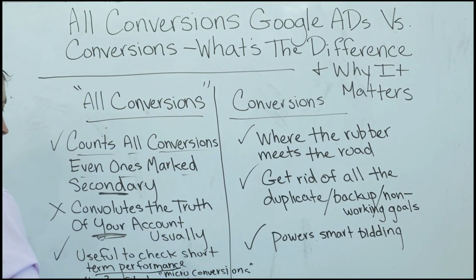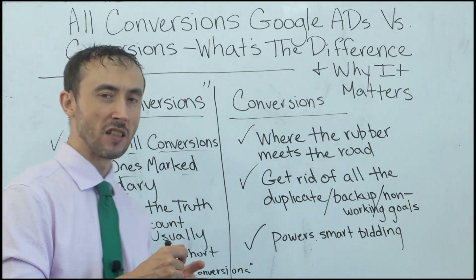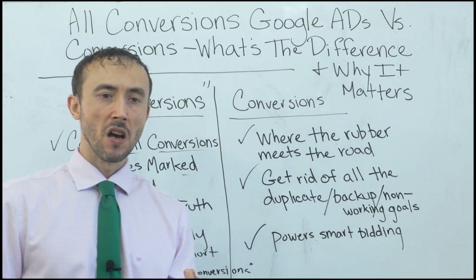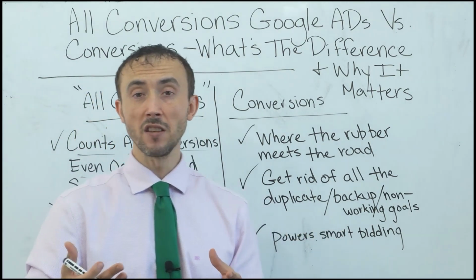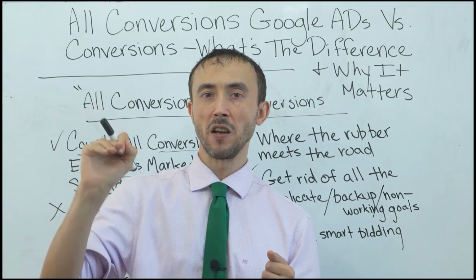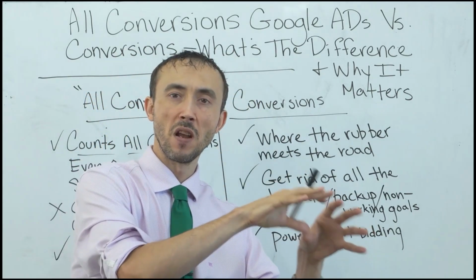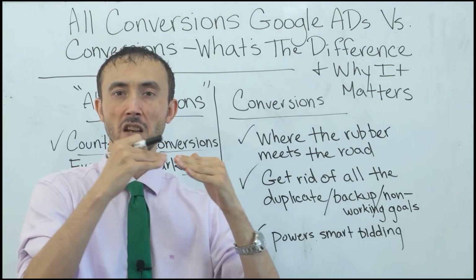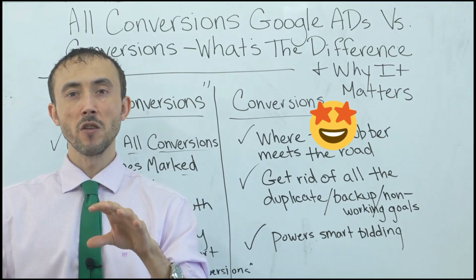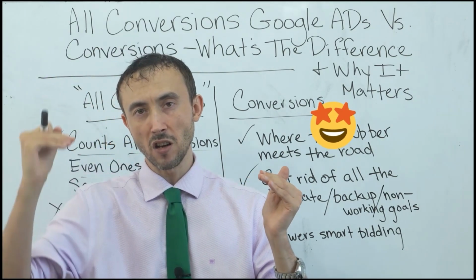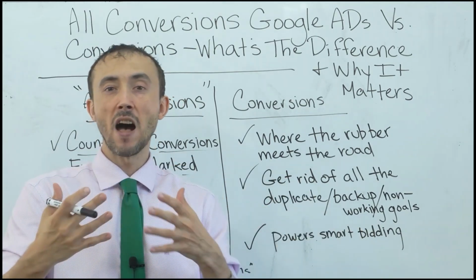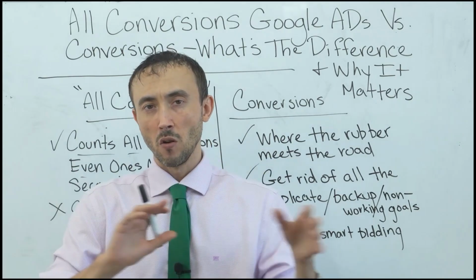And the algorithm, by the way, gets helped a lot by the microconversion data as well, because the algorithm also, for the same reasons that I just said, when the sales aren't coming through, even though you have leads set up as your primary conversions, and you've set up maximize conversions bidding strategy with a target cost per lead of, let's say, $35, you're shooting for that, but no leads are coming in, the algorithm will say, well, there's no leads coming in, but I shouldn't immediately start cutting down the budget on this campaign, because at least the microconversion data is coming in, which tells the algorithm the leads will be coming through.